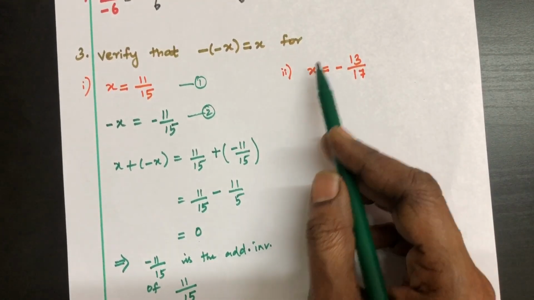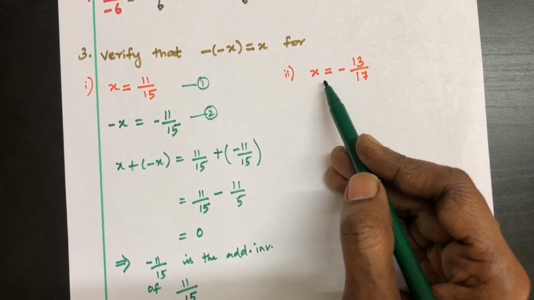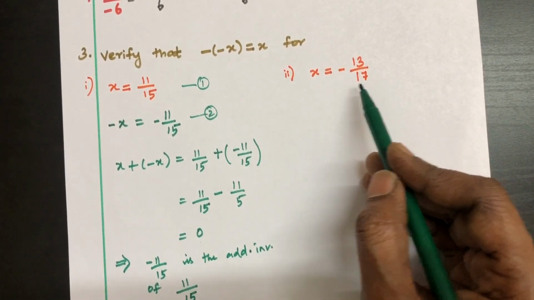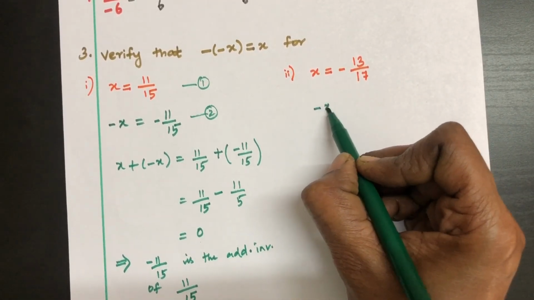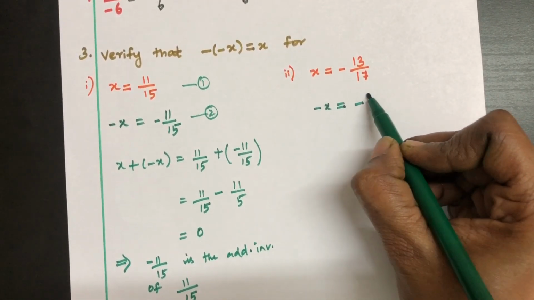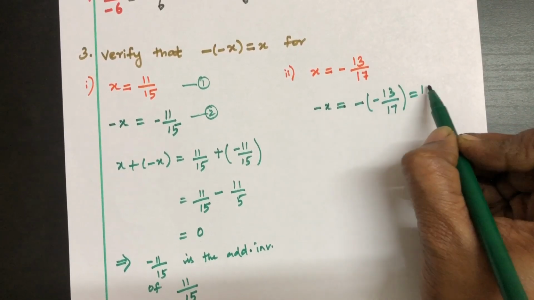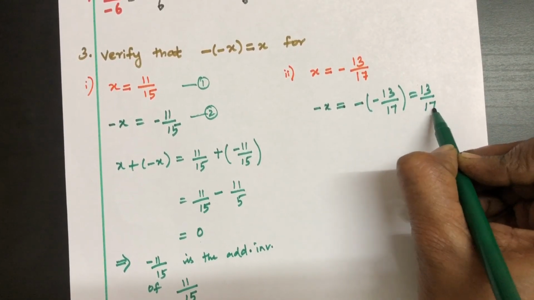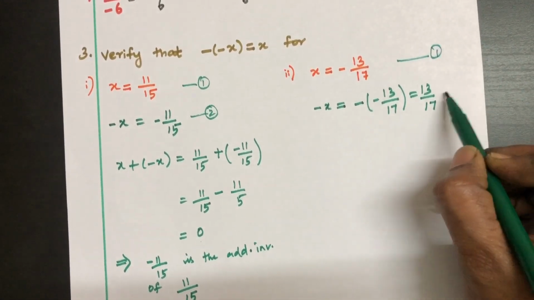Second subdivision, we are going to check minus of minus x equal to x for x equal to minus 13 by 17. See, x is this one. So what is minus x? Minus x is minus of minus 13 by 17, which is equal to positive 13 by 17. Now what we are going to do is add 1 and 2.